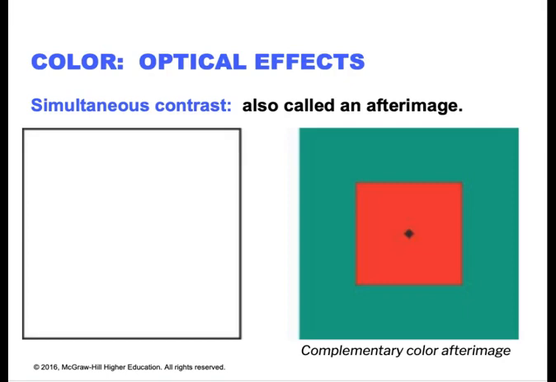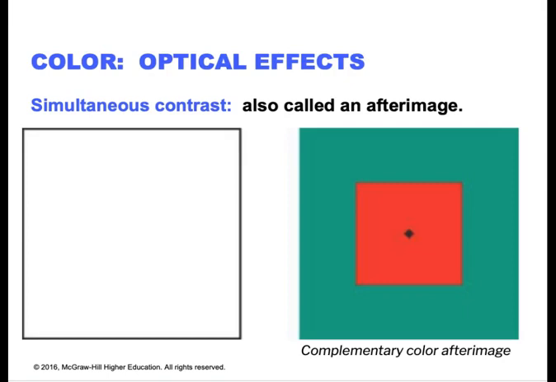You'll see that there is actually a green in the center. Your eyes are seeing green in the center and reddish around the outside, because your eyes have been absorbing those other 2 colors for so long. When you pull away from it, your eyes see the opposite, the complementary. Just an interesting little side thing.